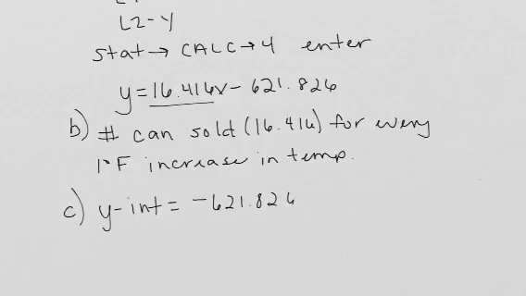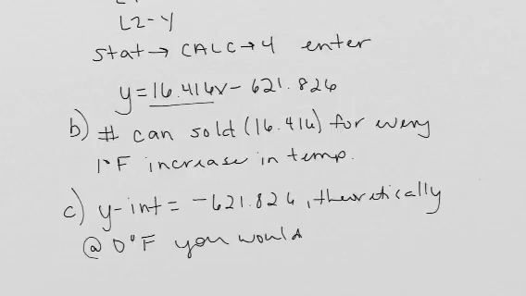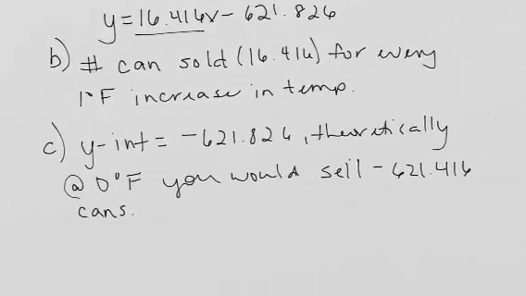So we really can't have a negative number of cans, but what this is saying is that theoretically, at 0 degrees Fahrenheit, you would sell negative 621.416 cans. Since you can't sell a negative amount of cans, that's not really great, but it's just the theory.